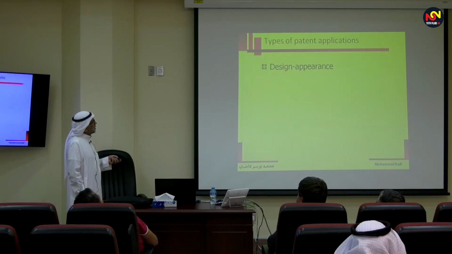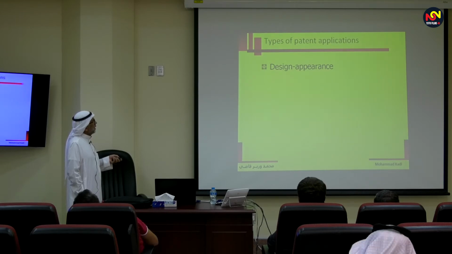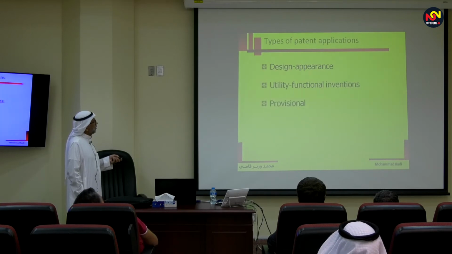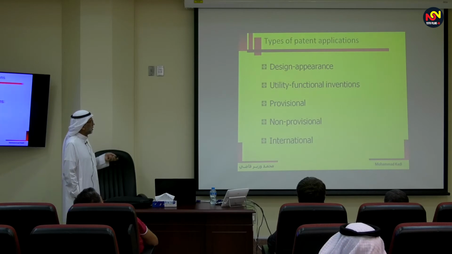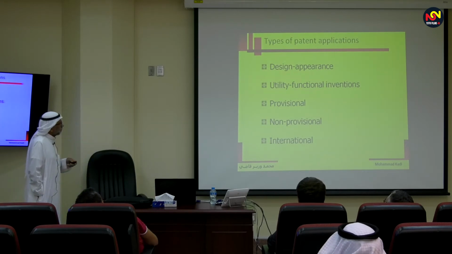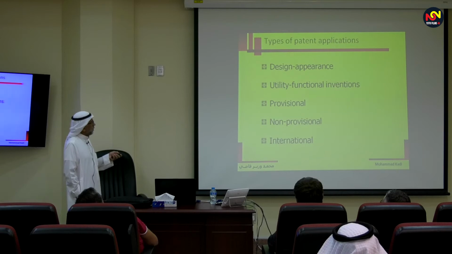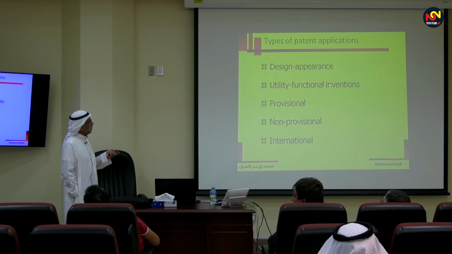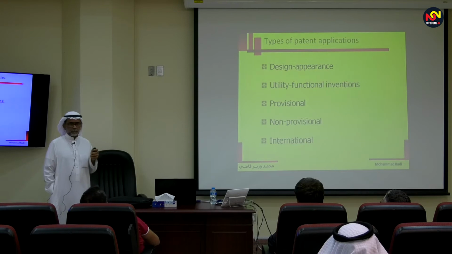Okay, types of patents. I'll go through this quickly. Design, appearance, utility, function, inventions, provisional patents, non-provisional patents, international patents. Some of those I spoke about. The most common type of patent important for scientists and engineers are the utility functional inventions.